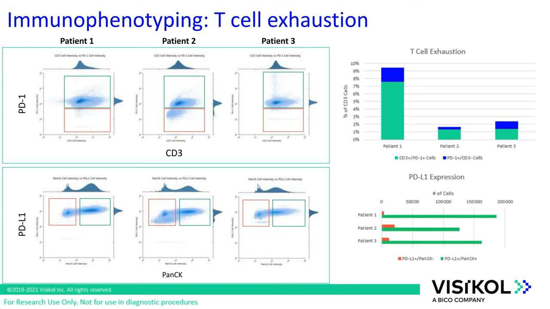We have a number of PD-L1 pan-CK positive cells, and we also have a number of cells that express PD-L1 that are not pan-CK expressing. And so you can see when we look at the bar graph on the right, patient 1 had significantly fewer PD-L1 pan-CK negative cells compared to patient 2 or patient 3.